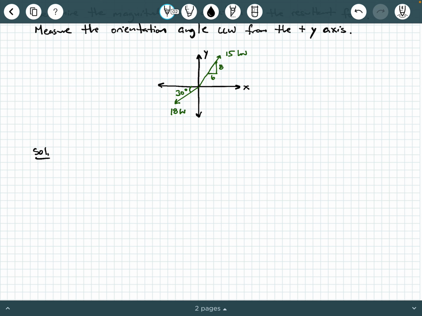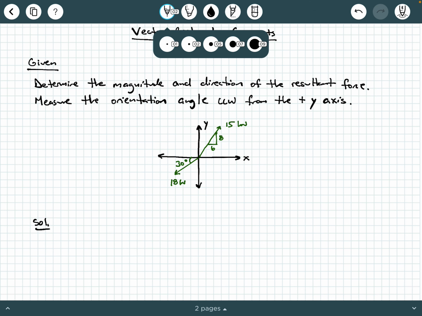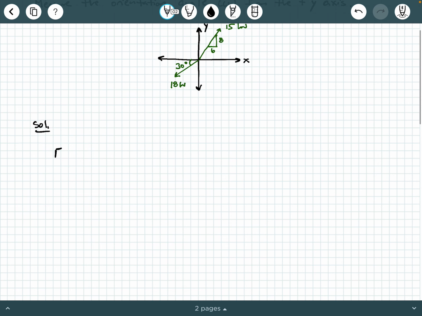So for Cartesian vector notation, what we do is we write a resultant force vector as the x component of the resultant, FRx, times a unit vector i, plus the y resultant, FRy, times a unit vector j. All right, now how do we get FRx?